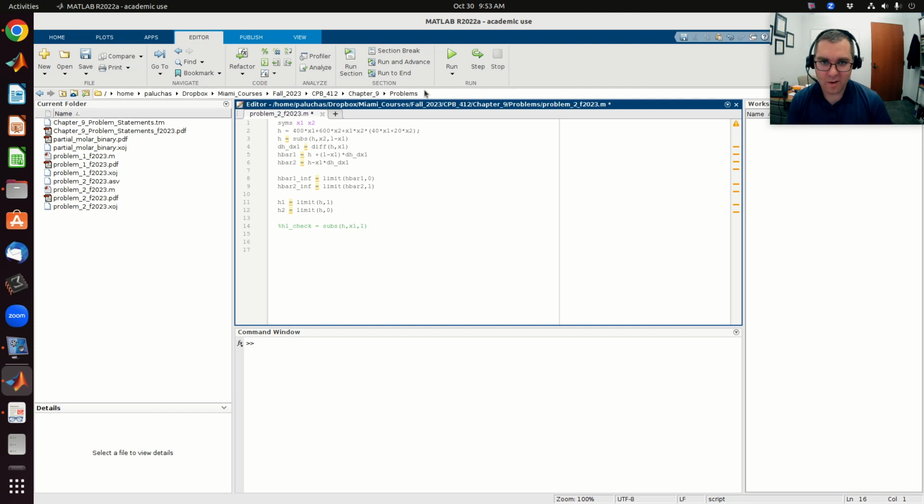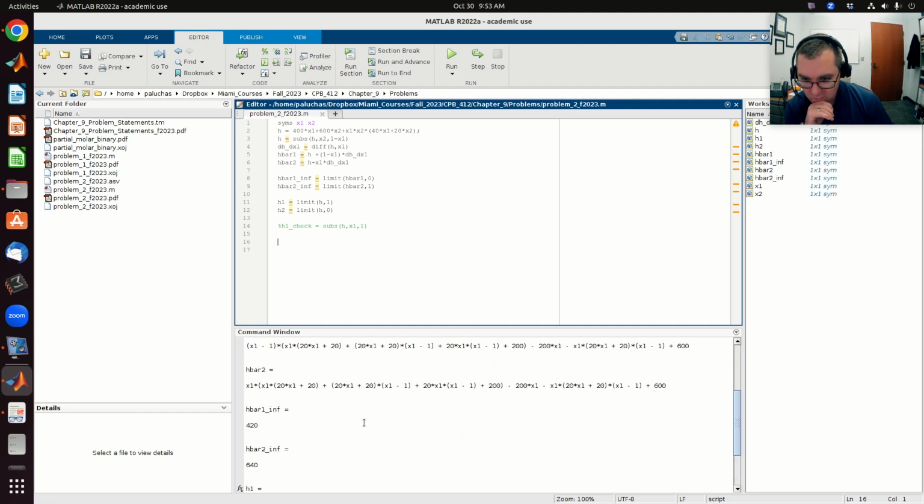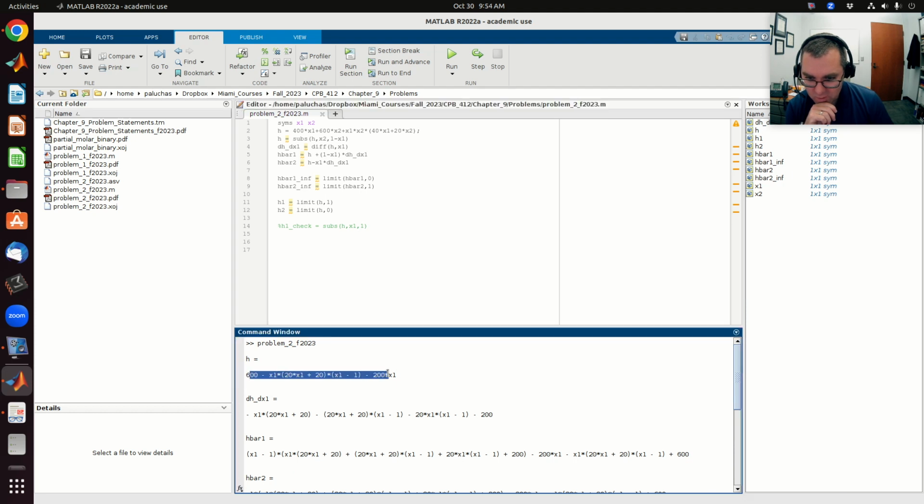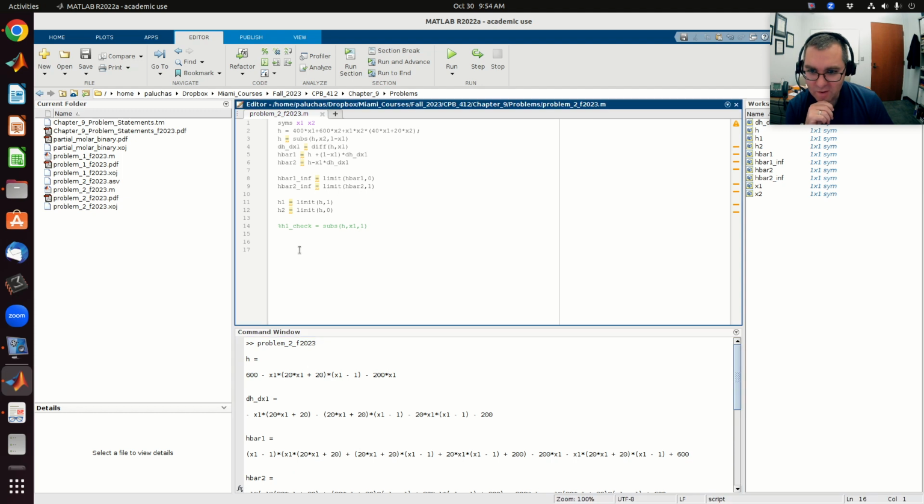Because right now, h is this. I want to play around with h in terms of seeing if I can expand and simplify. I'll call this h. I don't want to call it h underscore 1 as I iterate.